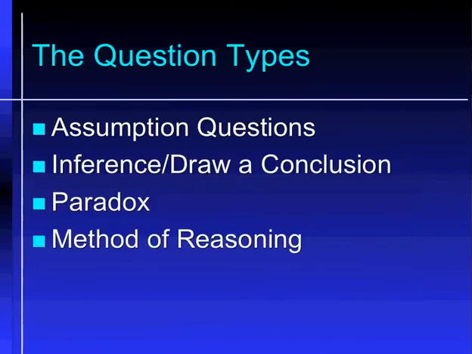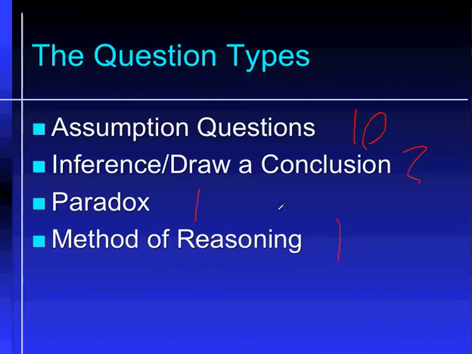Right, so these are the 4 types of questions that we're dealing with: assumption questions, inference or draw a conclusion questions, paradox questions, and method of reasoning questions. Broadly speaking, you're going to have something like 10 assumption questions, something like 2 inference questions, something like 1 paradox question, something like 1 method of reasoning question.